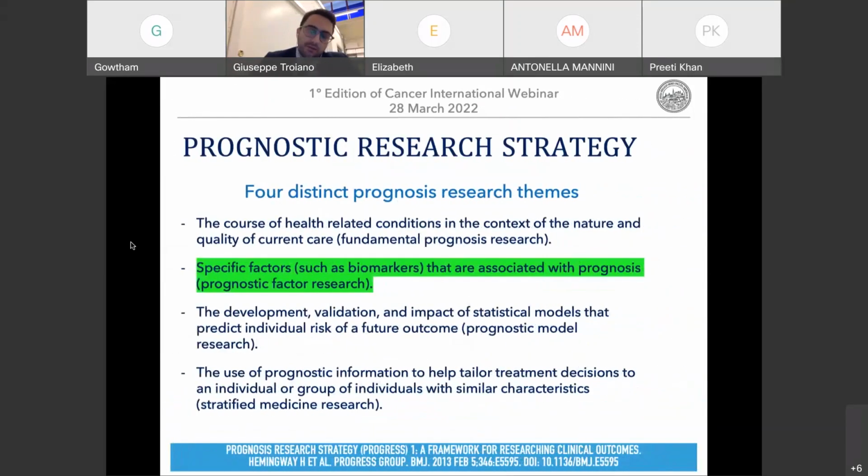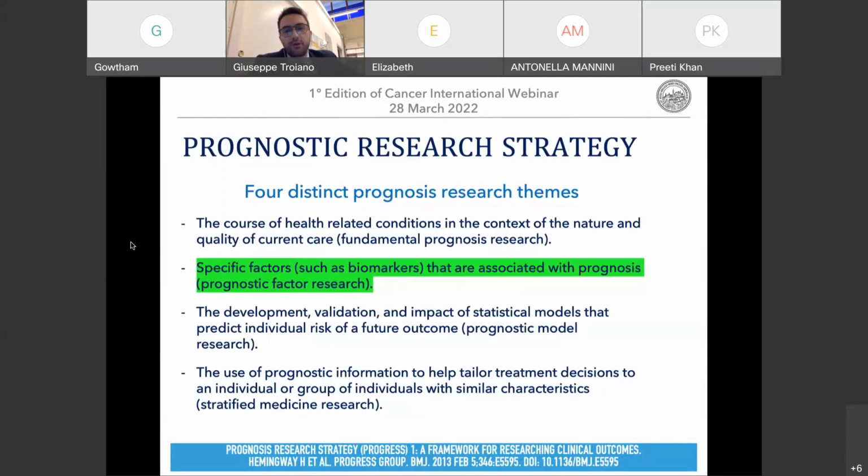The second type of studies for the progress framework are studies focusing on prognostic factor research, and what I'm mainly working on in my research activity. This kind of study looks for specific factors, such as biomarkers, that are associated with the prognosis.